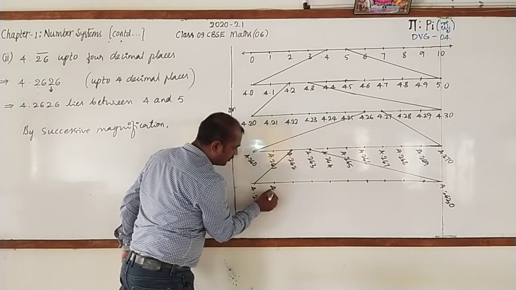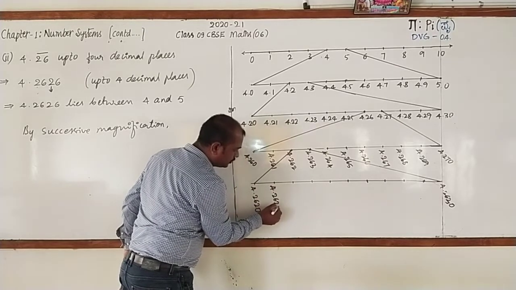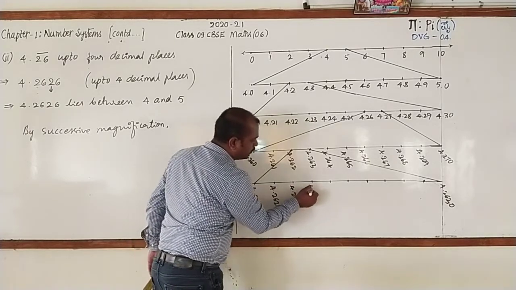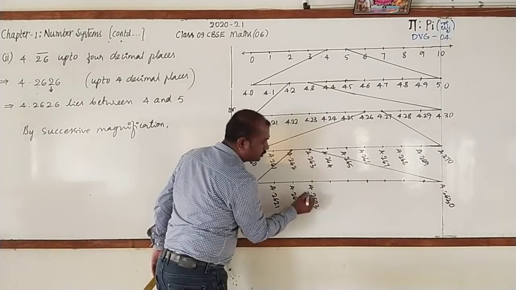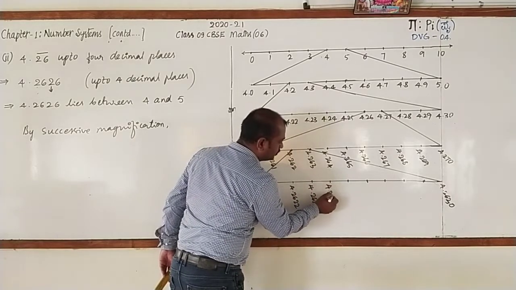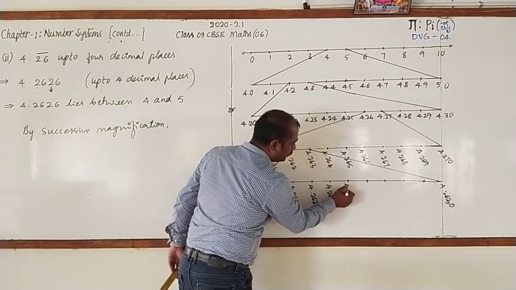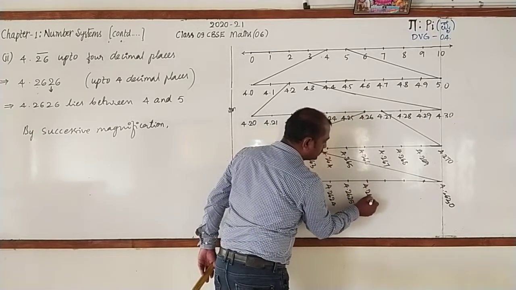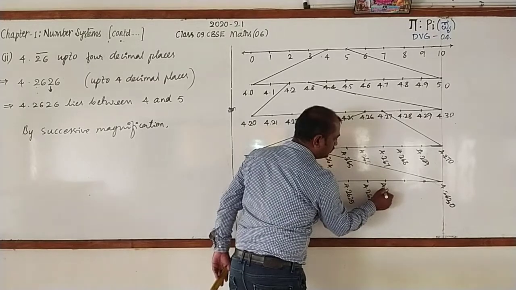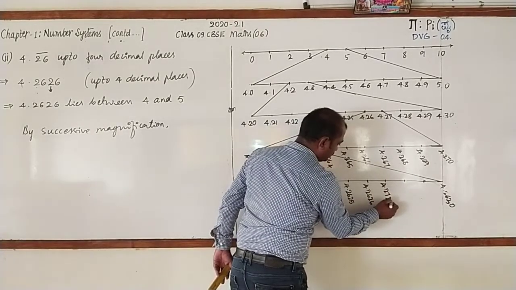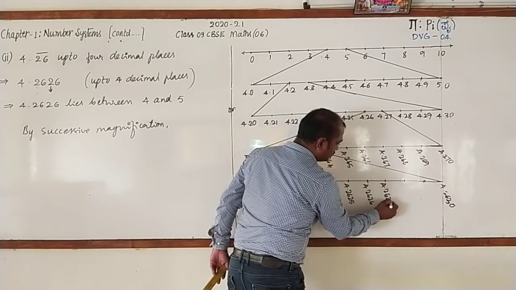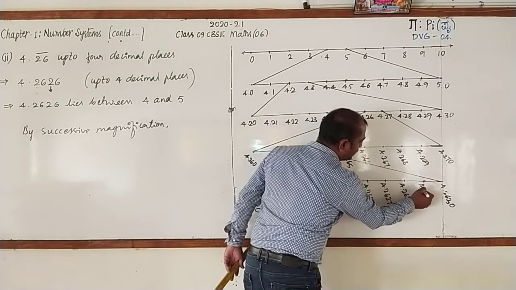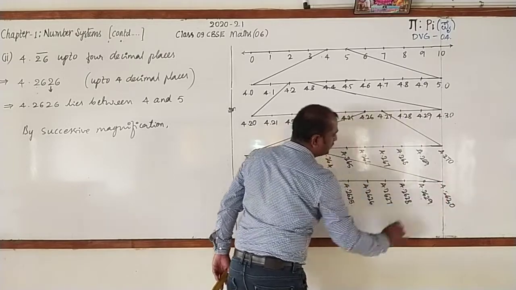4.2620, this is 4.2621, this is 4.2622, 4.2623, this is 4.2624, 4.2625, 4.2626, this is 4.2627, this is 4.2628, this is 4.2629.